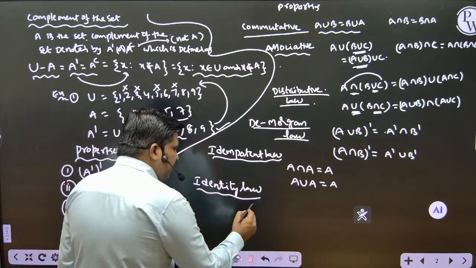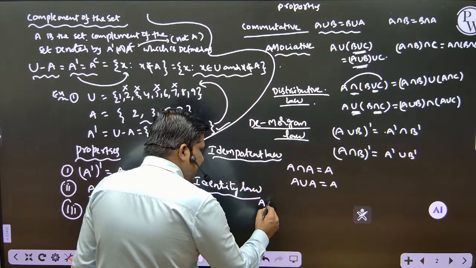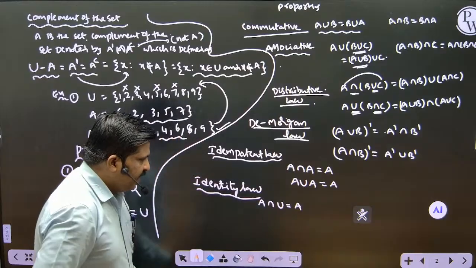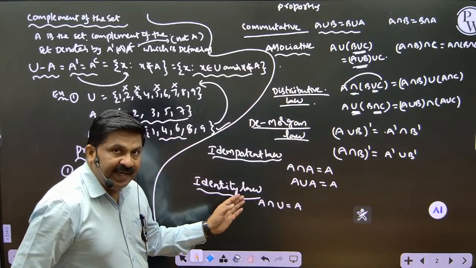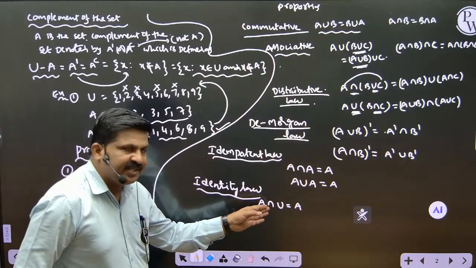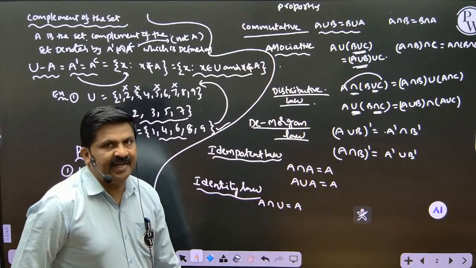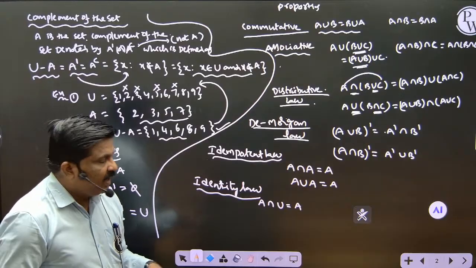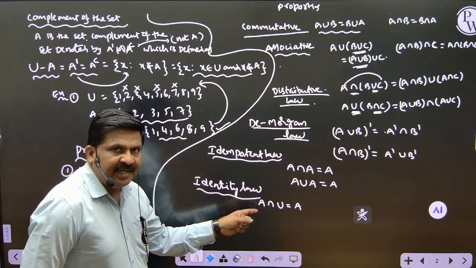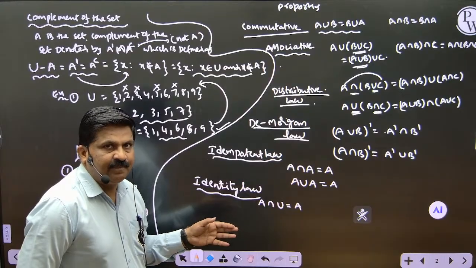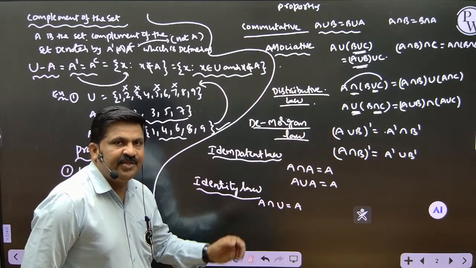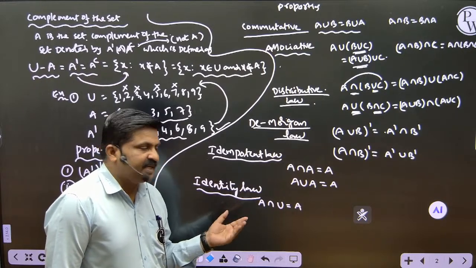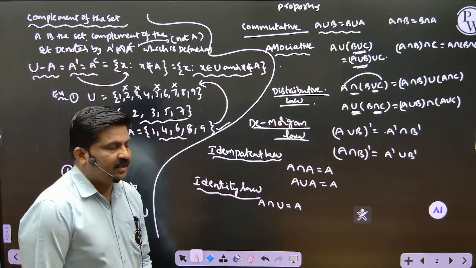So A intersection universal set is A. If A is the set, taking an intersection with the universal set, only then do we get A. Identity means you get the same set. Under intersection, if you take an intersection with the universal set, you get the same set.